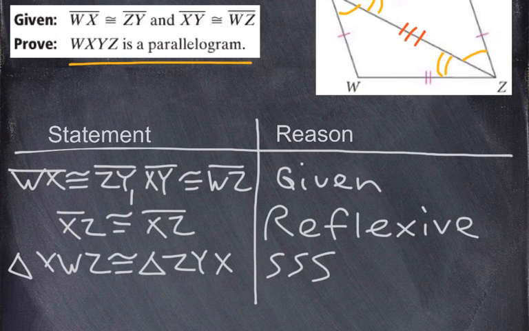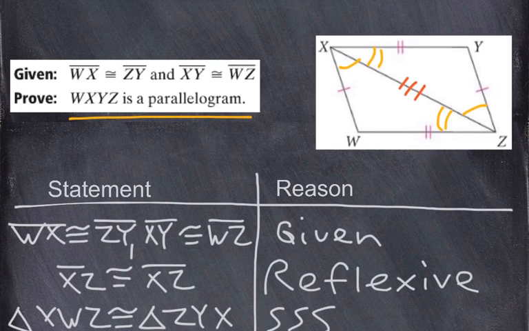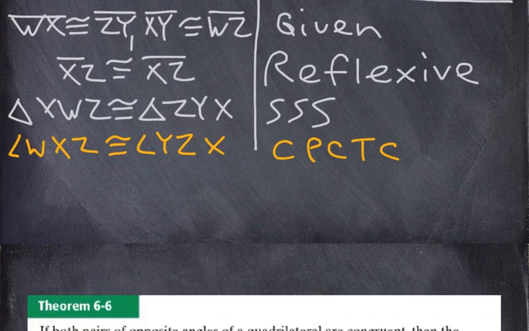We could say angle WXZ is congruent to angle YZX. And again, because corresponding parts of congruent triangles are congruent. Since we've proven that the triangles as a whole are congruent, it proves that each corresponding part will be congruent.